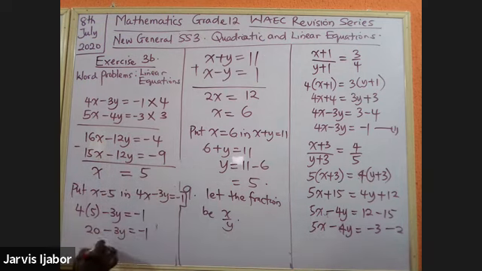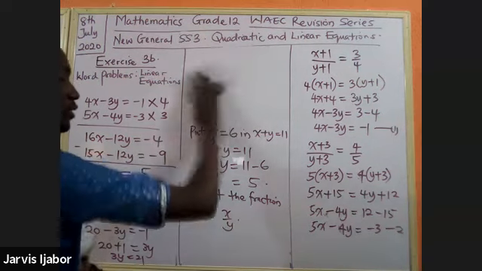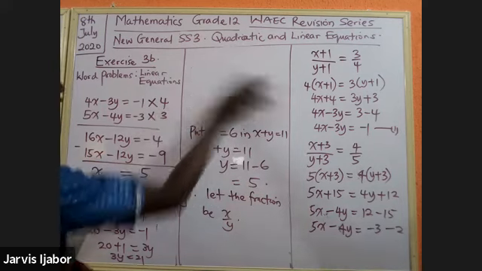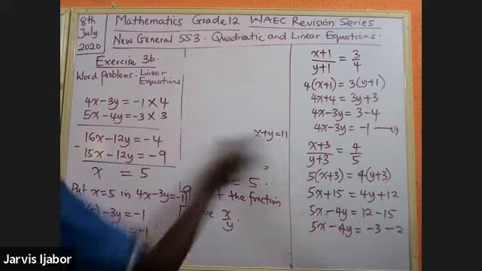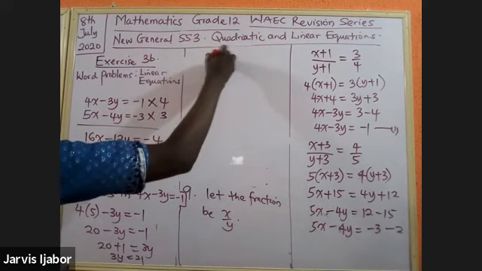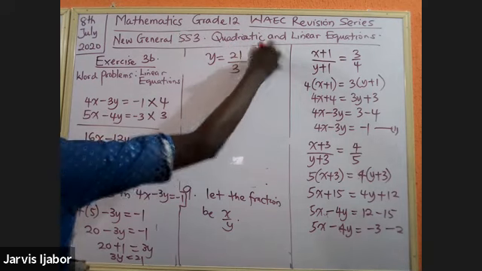So it means 20 plus 1 will be equal to 3y, and 3y will be equal to 21. So please, I guess you're following the process of flow of this working. Let's try to ensure that we are following it. So with that, y will now be equal to 21 over 3, and that will be 7.